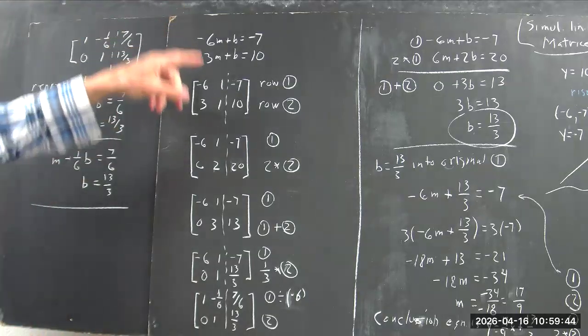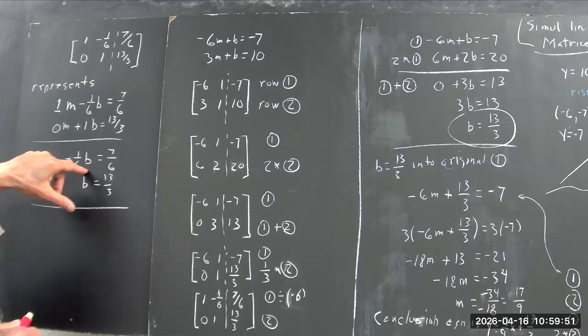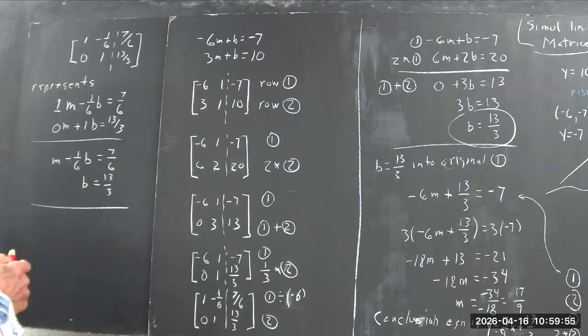Okay, by reducing the matrix, I've obtained a matrix which represents the equations M minus 1/6B equals 7/6, B equals 13/3.